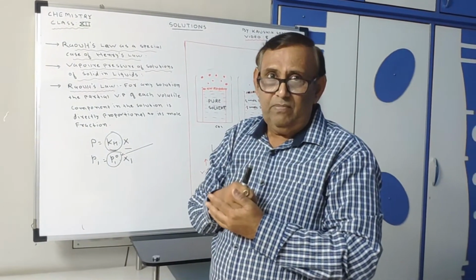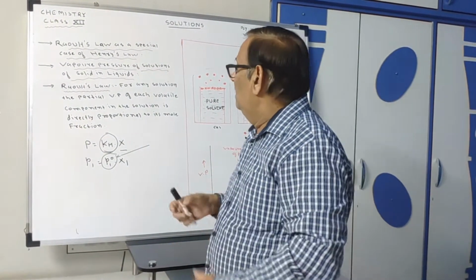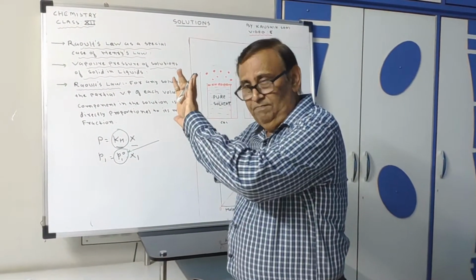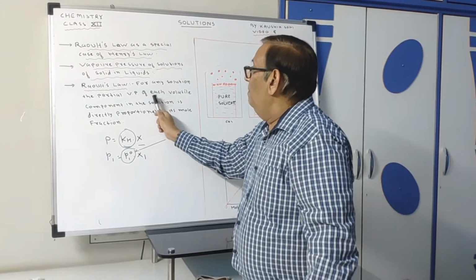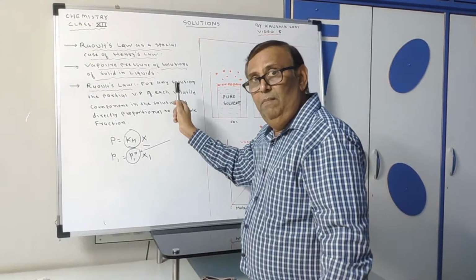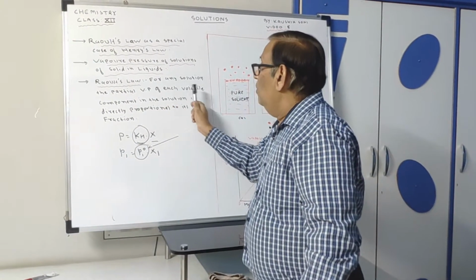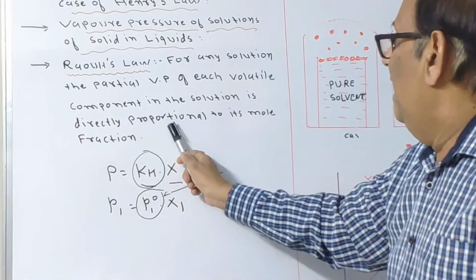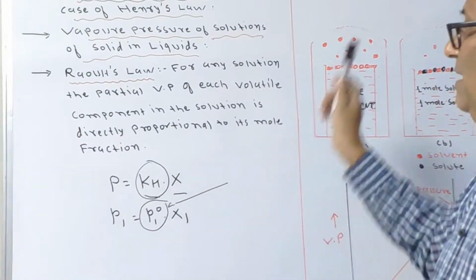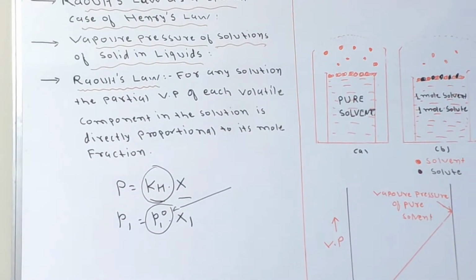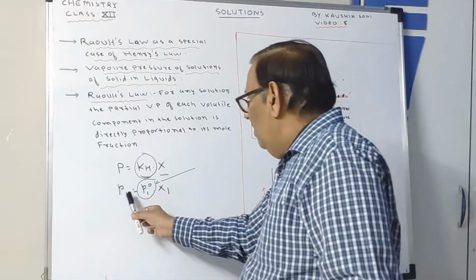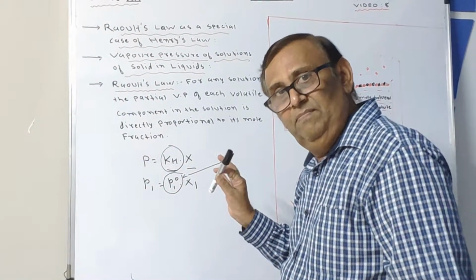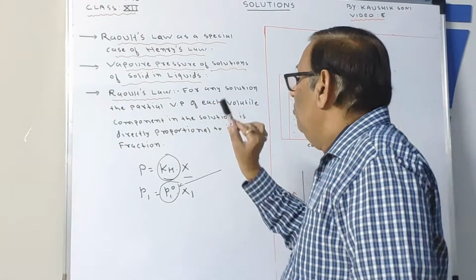In this case Raoult proposed that for any solution, the partial vapor pressure of each volatile component is directly proportional to its mole fraction. That means P1 equals P1⁰ into X1. Clear? So this is our Raoult's law.